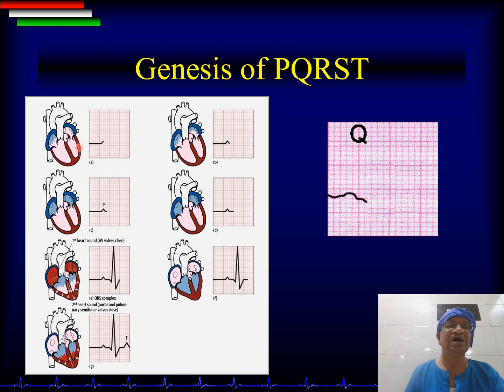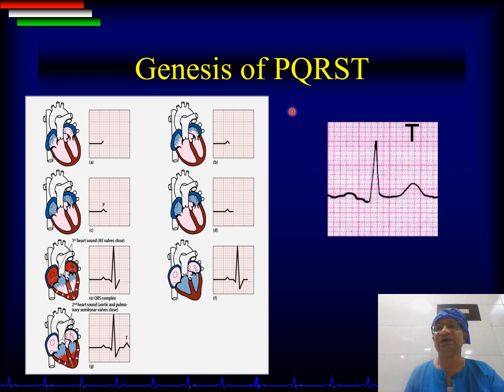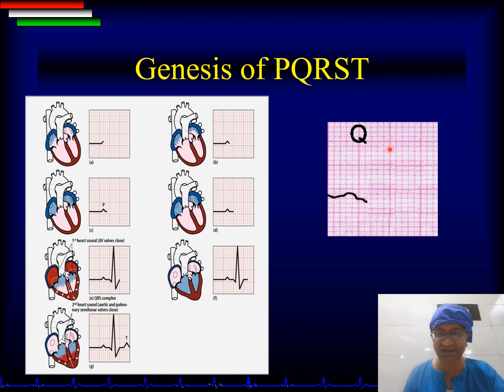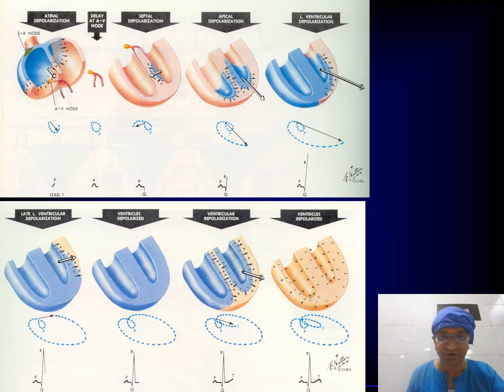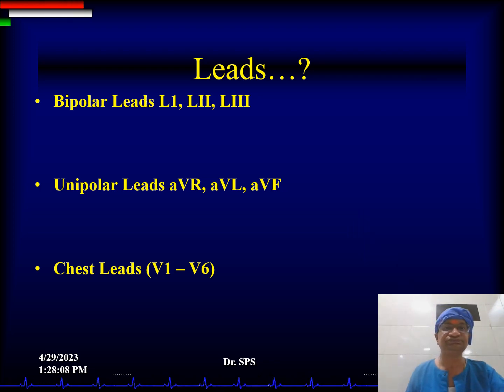P is atrial, QRS is ventricular, and T is ventricular repolarization. So always the QRS complex starts from left to right, because the genesis of electricity is from left to right. I am not going into the details of this because it will be a big YouTube lecture.